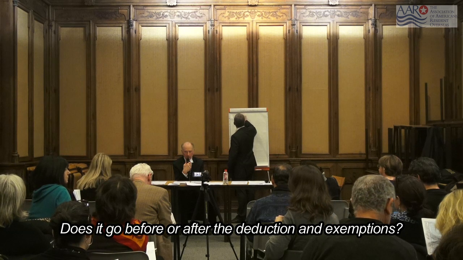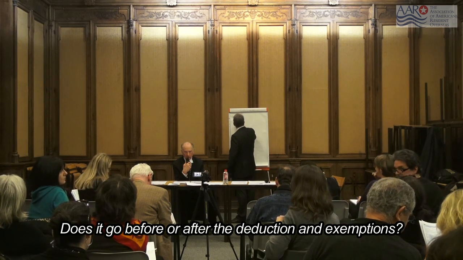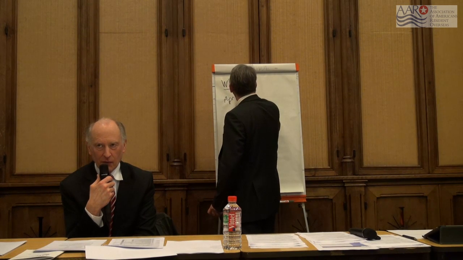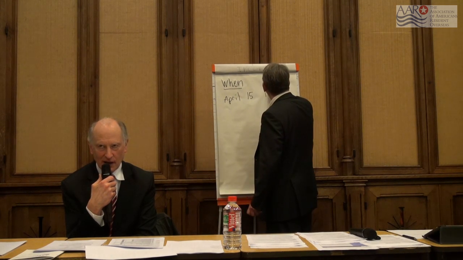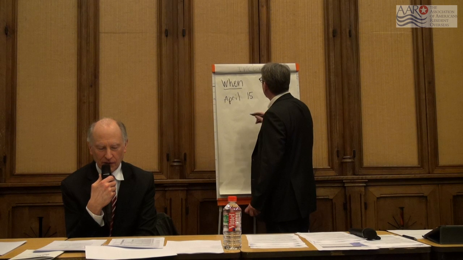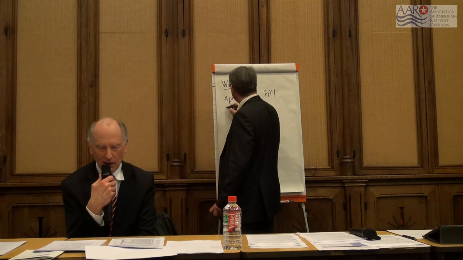Does that go before the deduction exemptions or after them? Well, if you have work income, if you have salary, that's income, and that goes on line 7 on the front page of the 1040, the very first line on the column there.